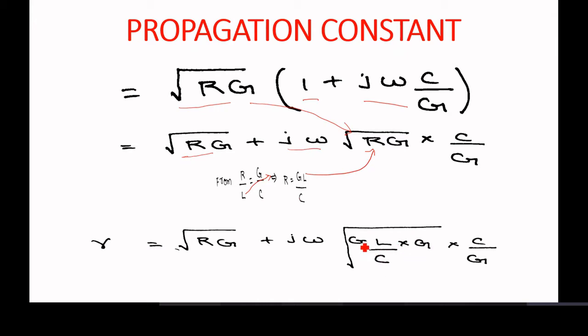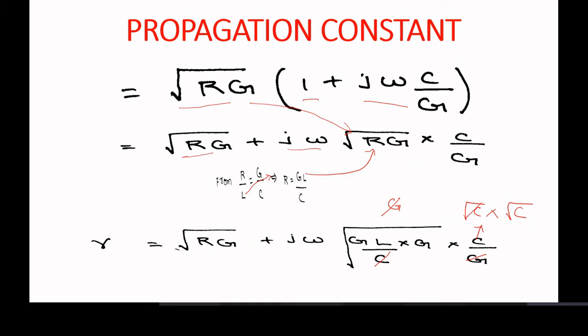So here we are having G into G, G square. So square and root will get cancelled. So we'll get G outside. This is in numerator and this is in denominator, so both of these will get cancelled, and this C we can write as root C into root C. So the denominator root C and numerator root C will cancel each other.